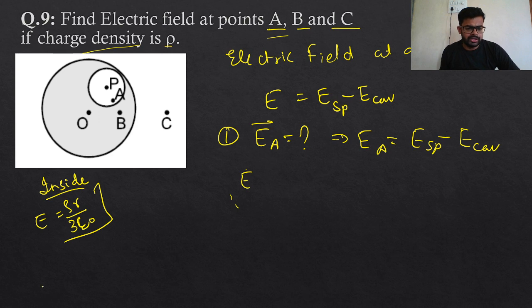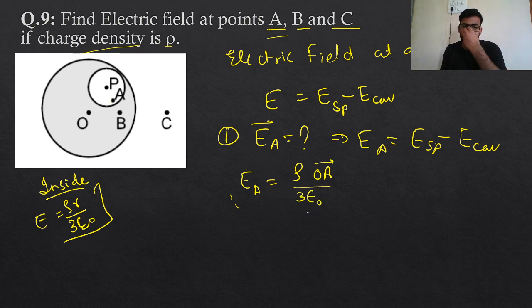You can observe in this diagram that point A is inside the big sphere, and point A is inside the cavity also. So for both we can apply rho r upon 3 epsilon naught. E at A is equal to rho times r, where r is the distance of the point from the center. Because of the big sphere, I write the vector OA, so rho OA vector divided by 3 epsilon naught.